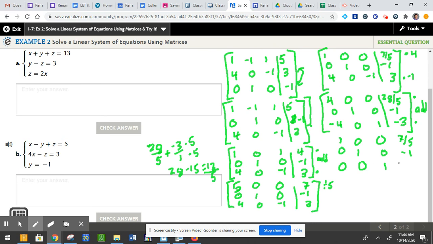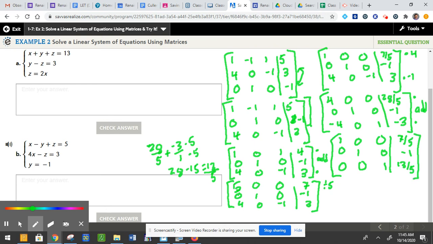So I've got 13/5 in this spot here. All right. So what you're going to end up with is x is equal to 7/5, y is equal to -1, and z is equal to 13/5.